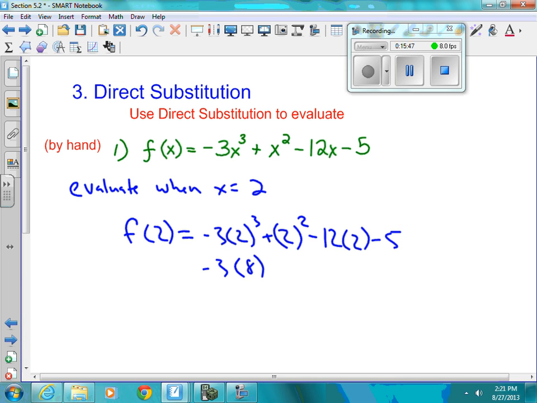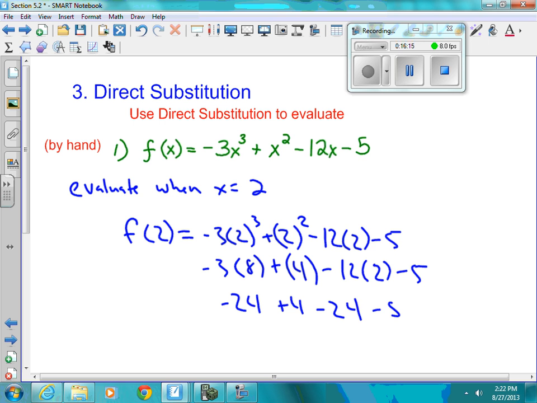And 2 to the second power is 4. Minus 12 times 2, minus 5. Now multiply: negative 3 times 8 is negative 24, plus 4, minus 12 times 2 is negative 24, minus 5.